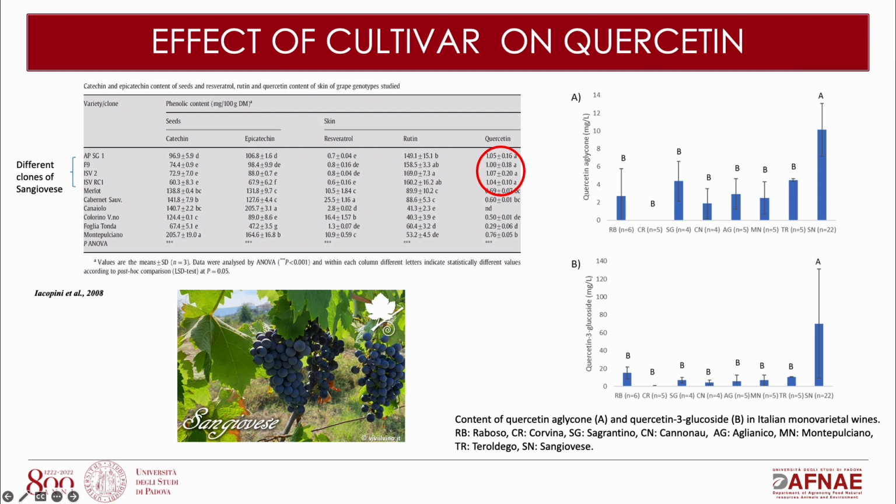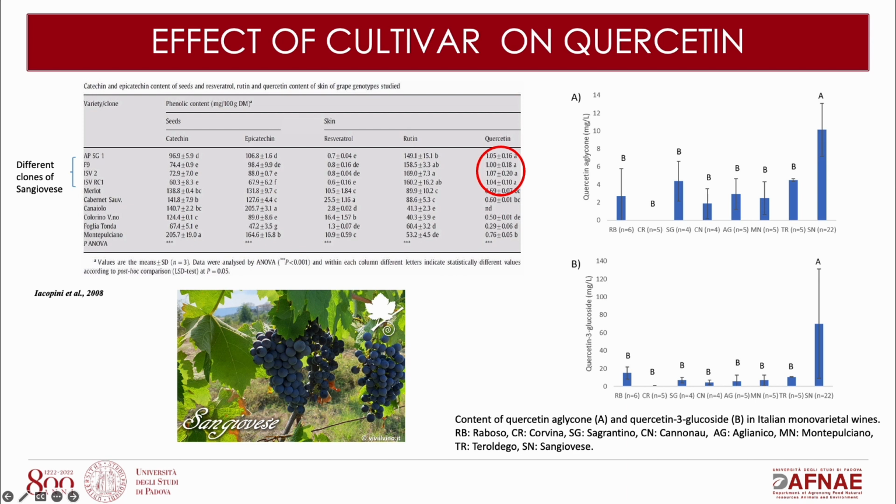There is also a genetic factor, because it has been demonstrated that different varieties can have different content of quercetin. There are a lot of papers describing the content of different polyphenols in grapes and in wines. Regarding quercetin, there are two main problems. First of all, generally, the content is measured on wines, not on grapes.